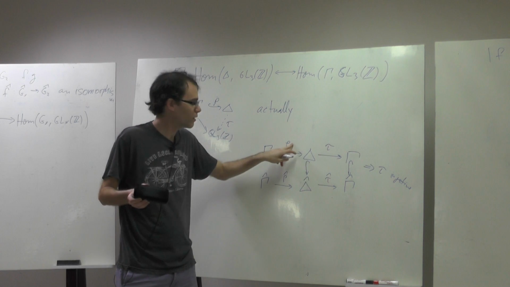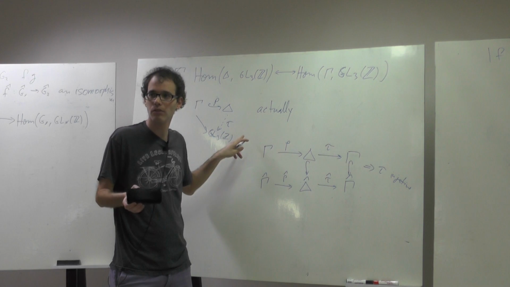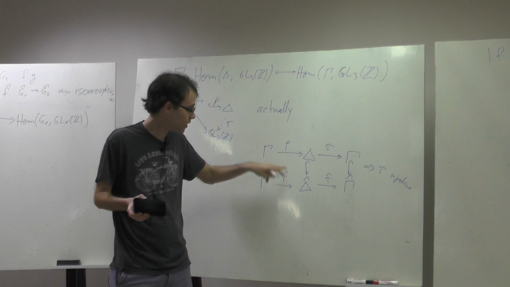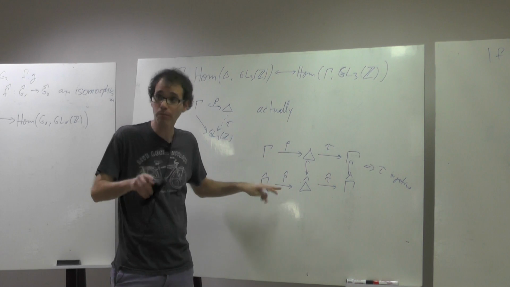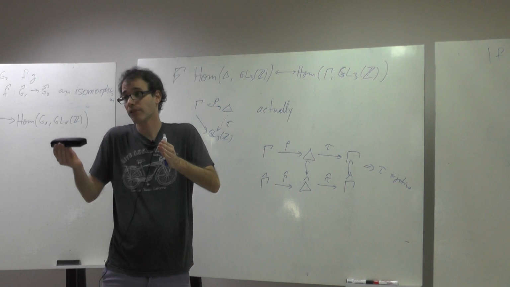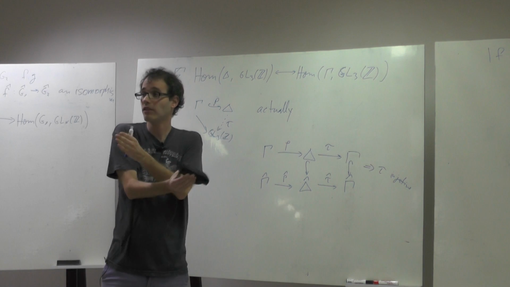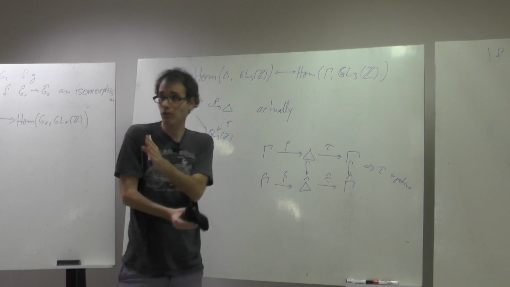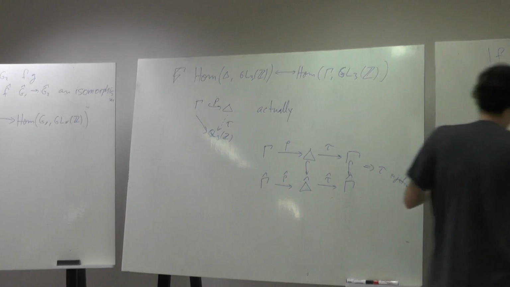So tau is a one-sided inverse of rho, but not from the other side. What I used here is that for profinite groups, if you have an inverse from one side, then it is an inverse from the other side. It's not true for discrete groups.